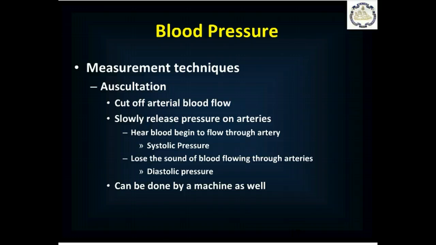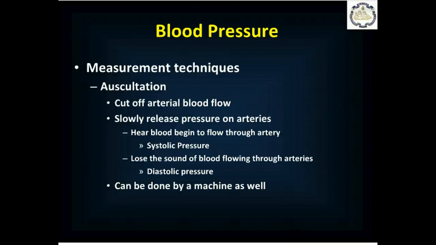Start with a knock, knock, knock, and tch, tch, tch, tch sound as blood flows through that compressed artery. And as soon as you hear the first knocking type sounds, that's the systolic blood pressure, the upper blood pressure. And the gauges are all calibrated in even numbers, so you're typically going to read an even number off. And you continue to slowly release air, and you should continue to hear that sound.